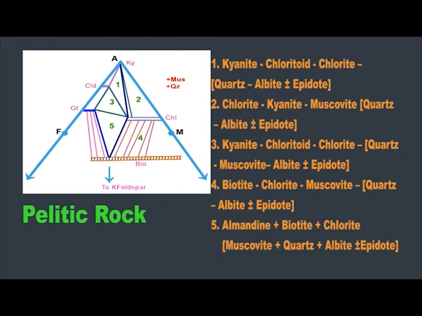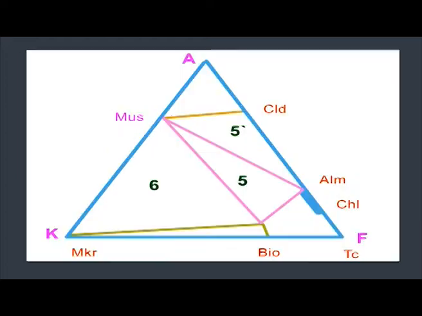Number 3, kyanite, chloritoid, chlorite with quartz, muscovite, albite plus minus epidote. Number 4, biotite, chlorite, muscovite with quartz, albite plus minus epidote. Number 5, almandine, biotite, chlorite with muscovite, quartz, albite plus minus epidote.